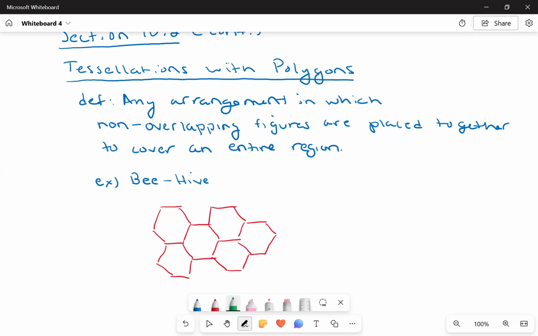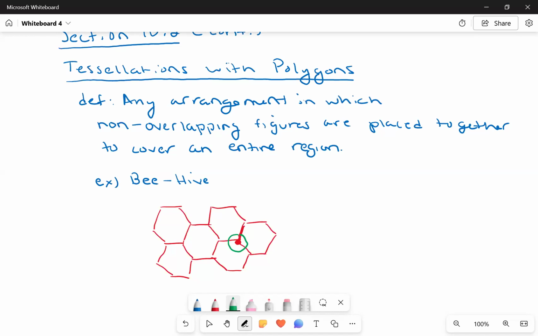Now, where these hexagons meet, these corners where they meet, allow us to see that they're meeting in a perfect 360 degrees.